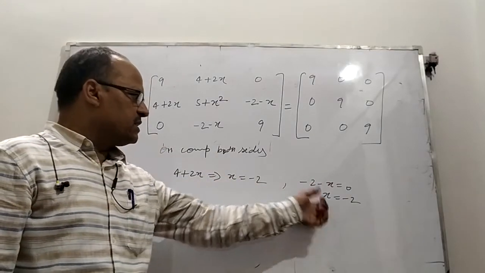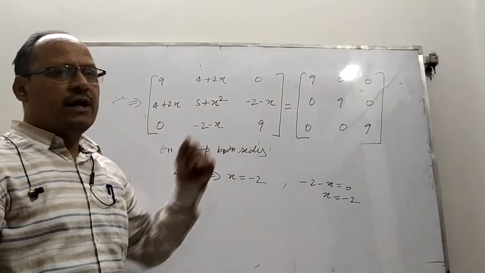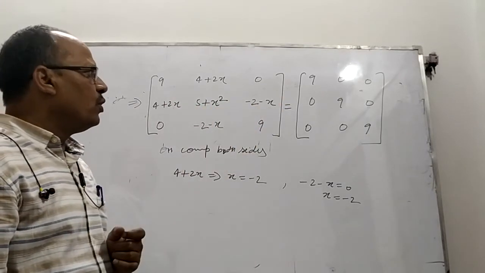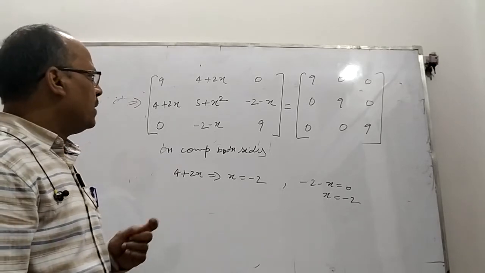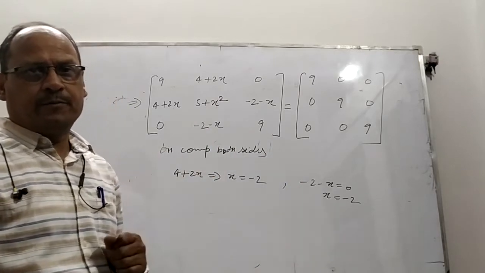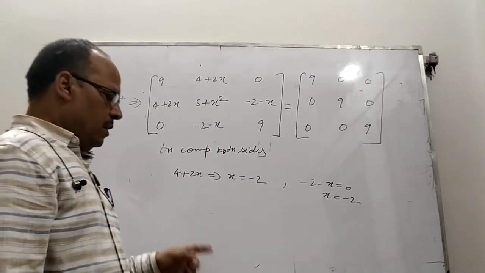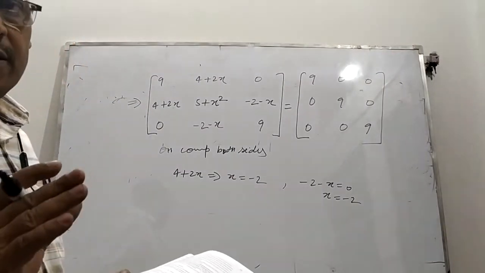From both, we are getting the same answer, it is correct. Suppose you want to check by this, 5 plus x square equal to 9, x square equal to 4, then x equal to minus 2 and plus 2. Both you will get, so here minus 2 we are getting, so minus 2 we write. Clear? Clear or not clear? Okay.